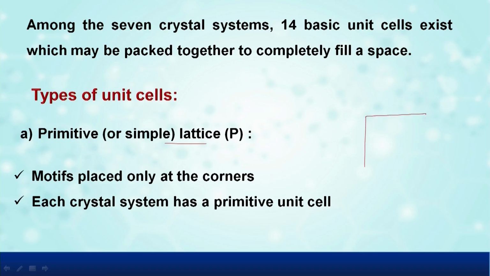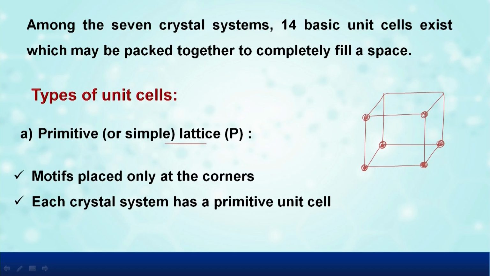Okay, so, let us draw a cubic crystal. So, here we are considering the cubic type. Okay. So, in a primitive or a simple lattice, the motifs or the structural units will be placed only at the corners.